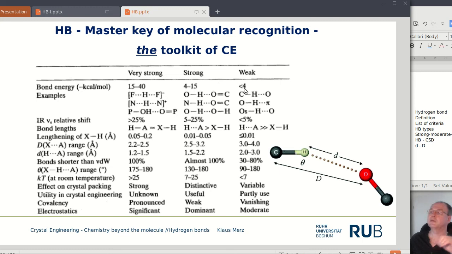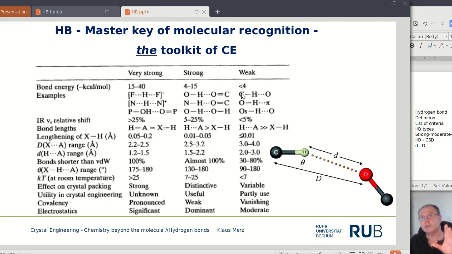This is very weak. In the examples, here you see this typical ionic species. We talk about this anion, difluorine hydrogen anion, strong. You see it here for the second one: this is the amide unit I spoke about. And on the other side here, CH...O.